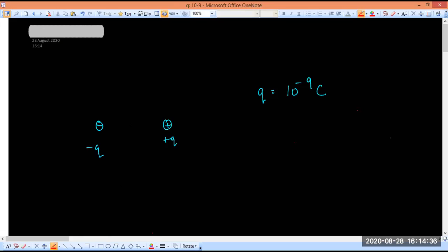Let me also put the distance between these two. Suppose the distance between these two is 1 angstrom. I hope everyone remembers what is 1 angstrom, right?